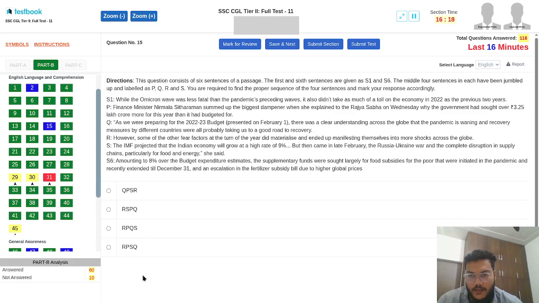पहले पी आएगा, amounting to 8% of the budget expense. The supplementary funds were sought largely for food subsidies for the poor that were initiated in the pandemic.